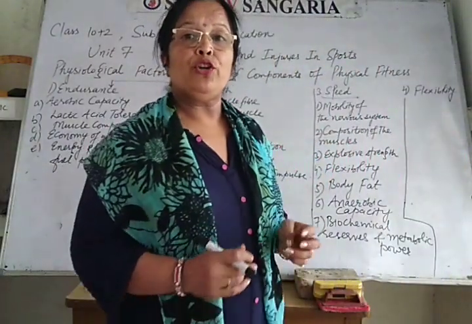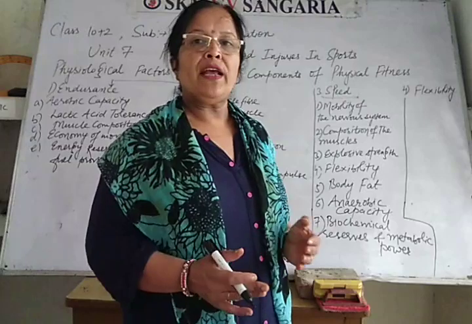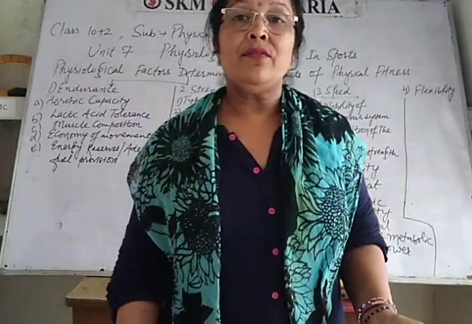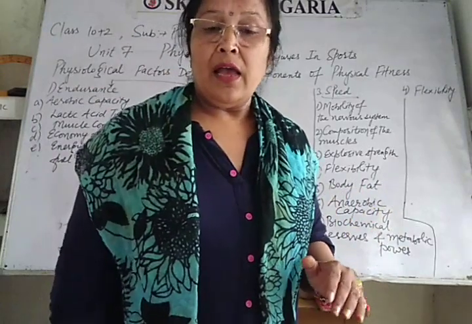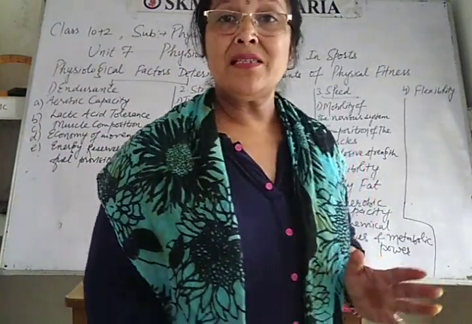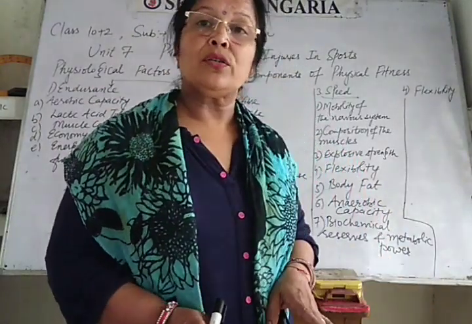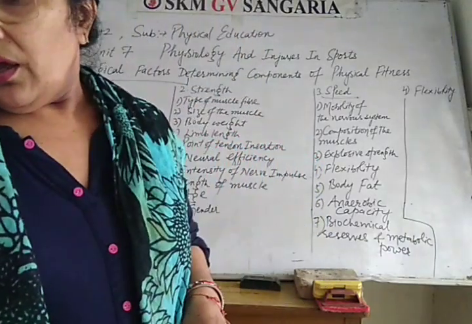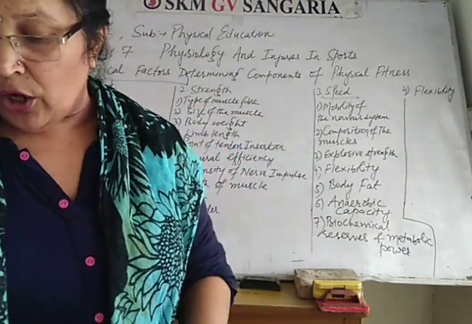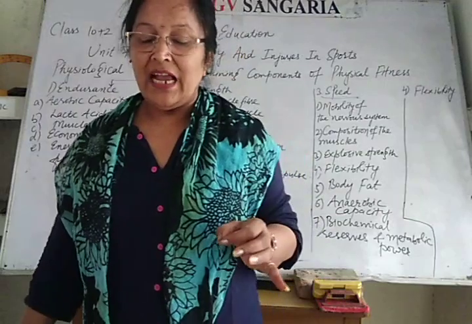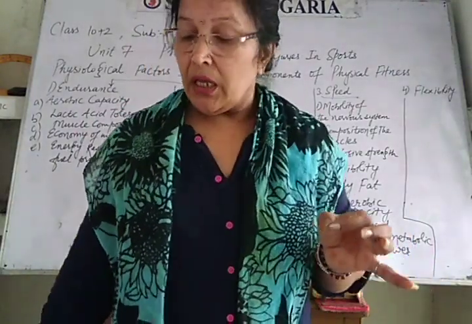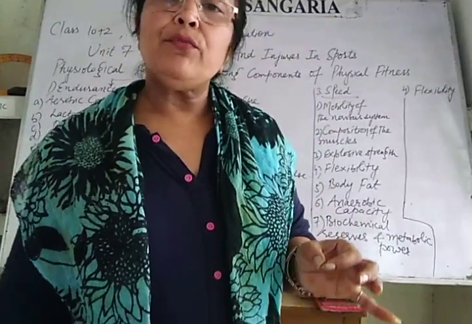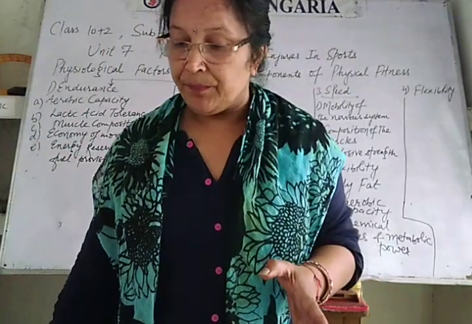Earlier I have taught you about the meaning of anaerobic. Anaerobic means without oxygen, and aerobic means with oxygen. Anaerobic exercise is a type of exercise that breaks down glucose in the body without using oxygen.